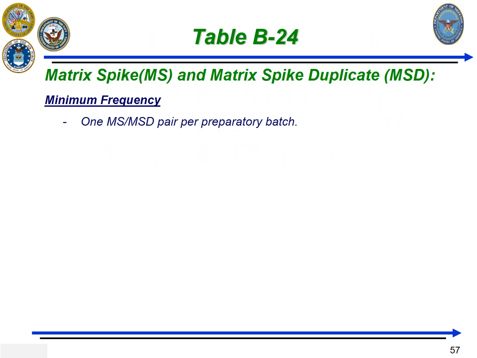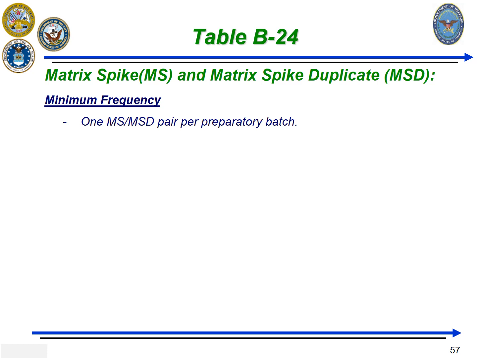And that is in addition to your method blank, your low-level OPR, and your OPR, or in QSM terms, your LCS and your low-level LCS. You are also required to prepare and analyze a matrix spike and matrix spike duplicate with each preparatory batch.